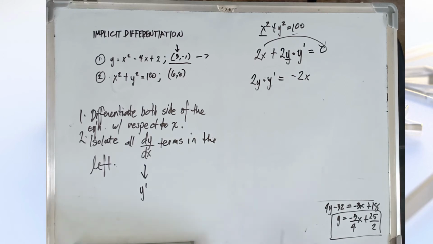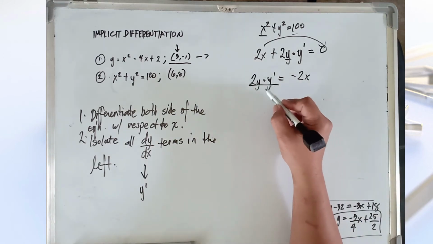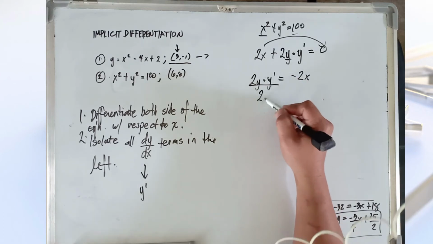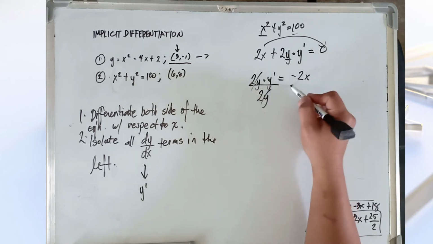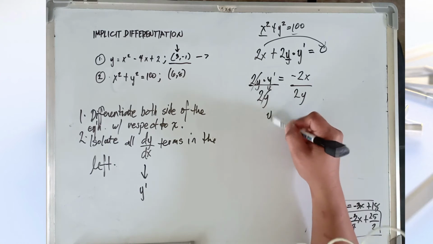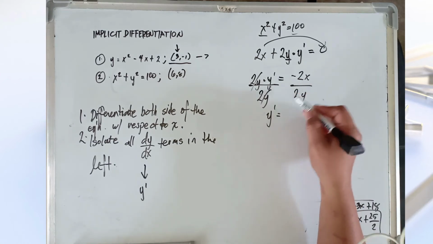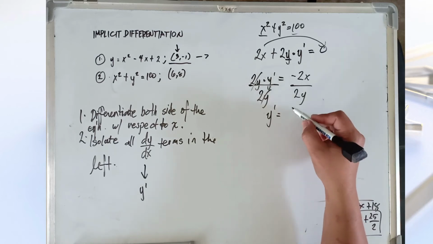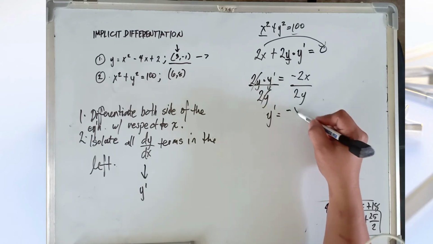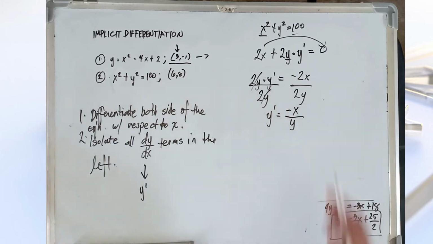Now we need to solve y prime only. So we need to divide both sides by 2y. And we have now our derivative, negative 2 divided by 2, that's negative 1, right? So we have negative x over y. So the slope is equal to negative x over y.